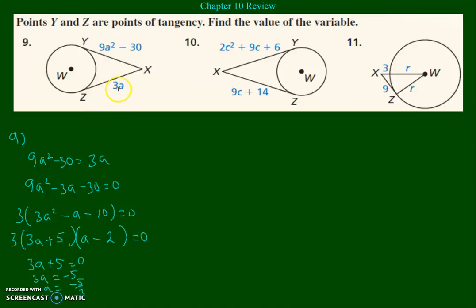That's not going to work because that would make this segment negative, so this is not a valid solution. Then we go to the next one, a minus 2 equals 0, therefore a equals 2. That one would work, and that's a valid value for that variable. All right, let's go to number 10.